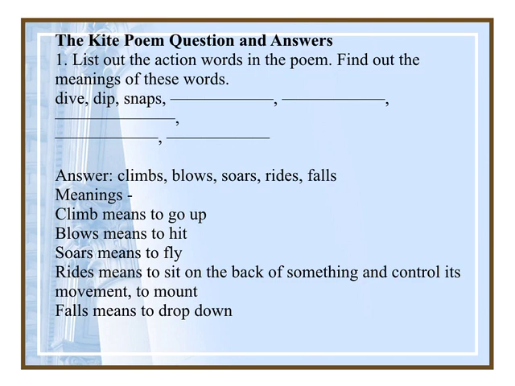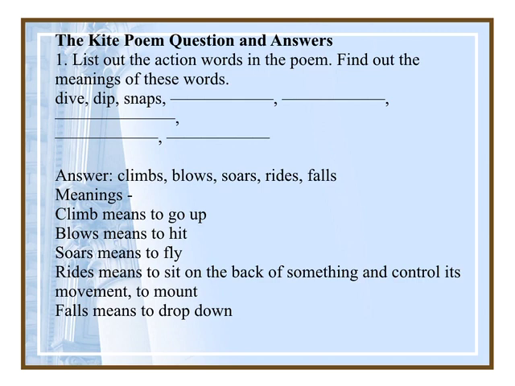Question number 1 says, list out the action words in the poem. Find out the meanings of these words. Dive, dip, snaps. Now from the poem you'll get these words: climbs, blows, soars, rides and falls.